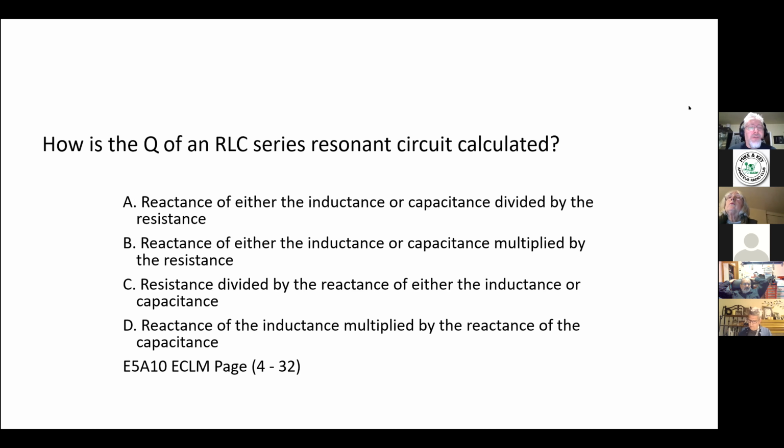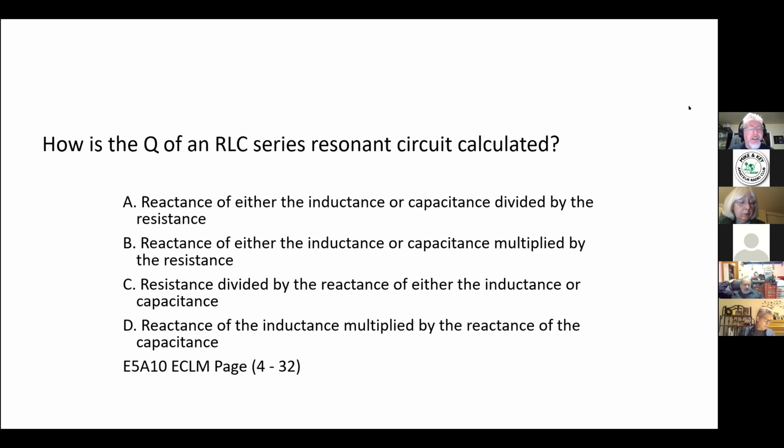How is the Q of an RLC resonant circuit calculated? A, reactance of either inductance or capacitance divided by the resistance. B, reactance of either the inductive or capacitance multiplied by the resistance. Or C, resistance divided by the reactance of either the inductance or capacitance.